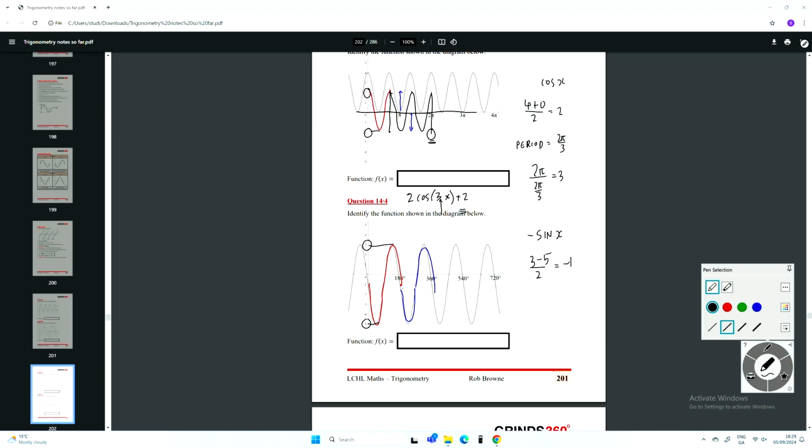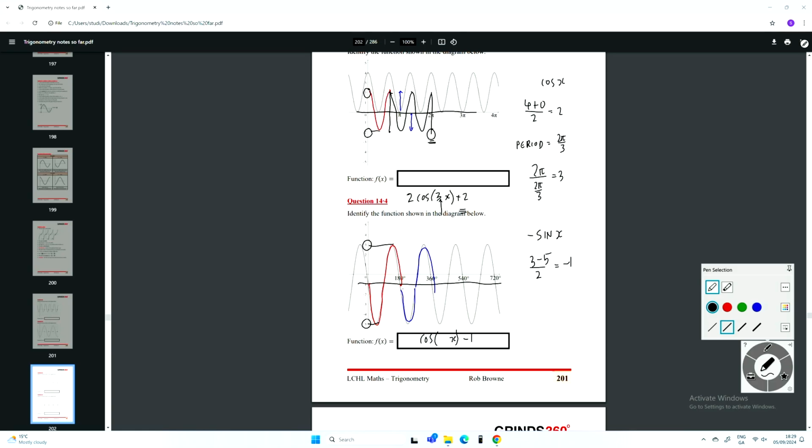So minus 1 is my center line. The graph is oscillating above and below that line. So again, I've got cosine something x in here, and the constant is minus 1.